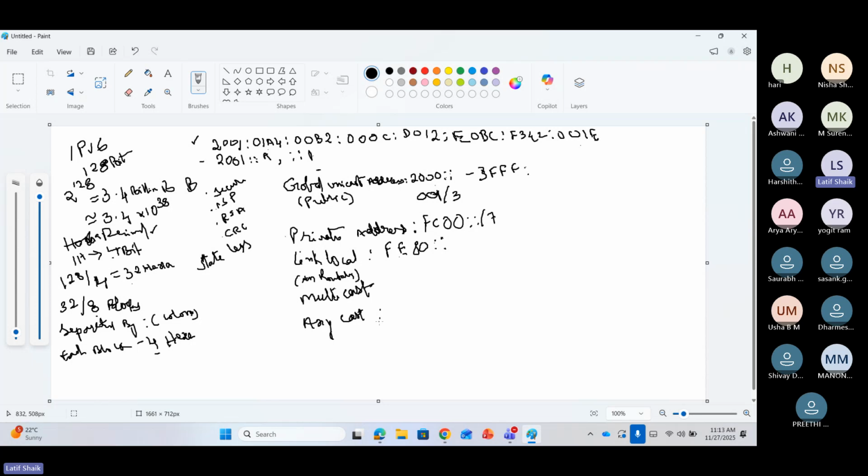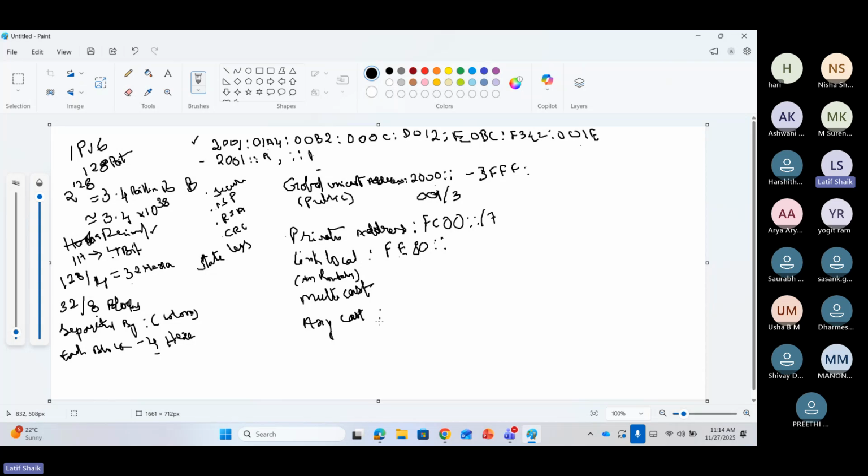What is this Anycast? Anycast is like a broadcast. It sends packets to devices in the network, but only to certain devices. If the connected devices are enabled with IPv6, only those systems get it. If IPv4 and IPv6 are both enabled, or only IPv6 is enabled, they will get the packets.